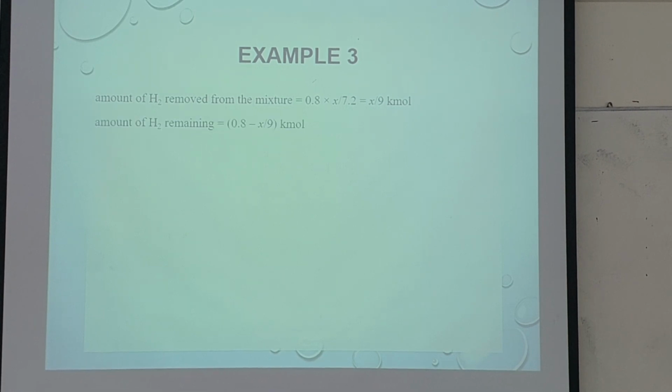So now we do the other way around. The amount of H2 that remains. If we remove that much, this is the amount that remains. Because originally 0.8, now we minus back the X over 9, that is the amount that remains.